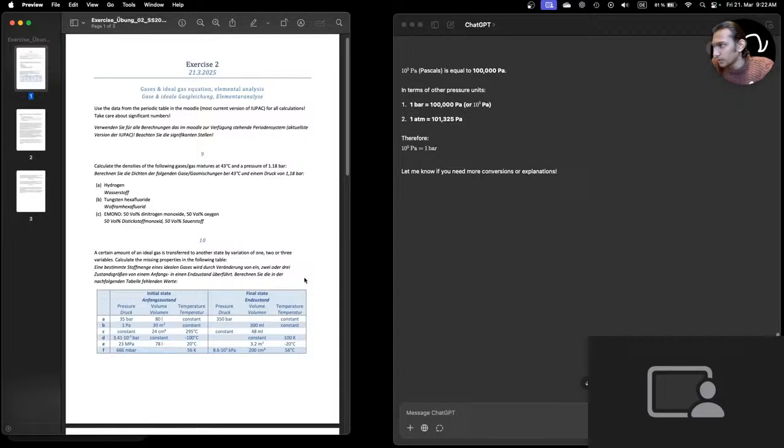V1 is 24 cubic centimeters, V2 is 48 milliliters, and T1 is 295 degrees Celsius.